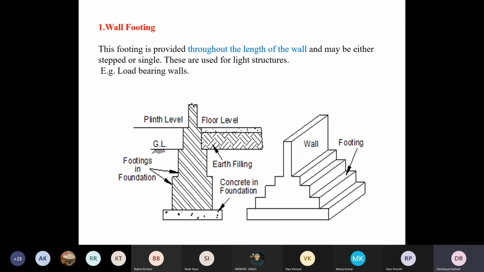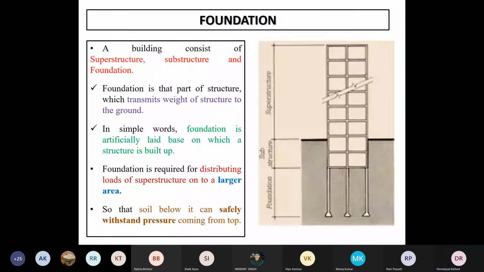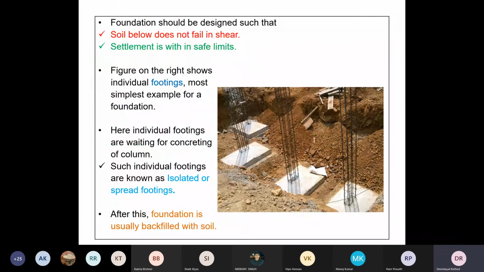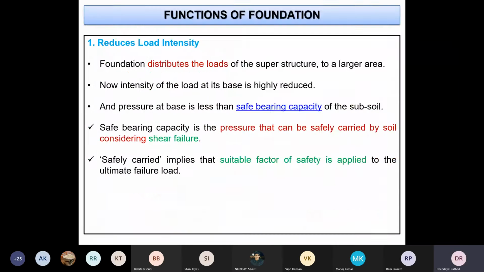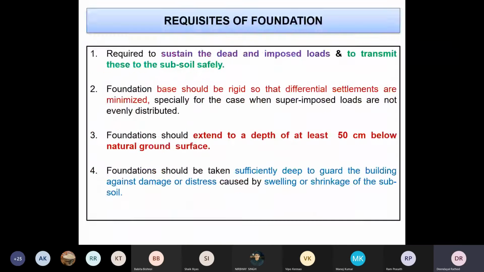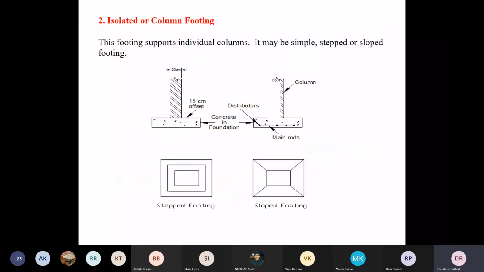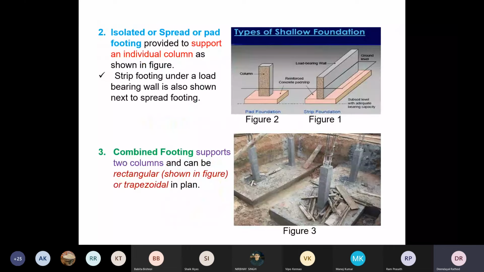So these are all the isolated footings. From the square footing we'll take out this column or pillar, and it is connected to the beam, and after that it is connected to the slab. These are all called the isolated footing.